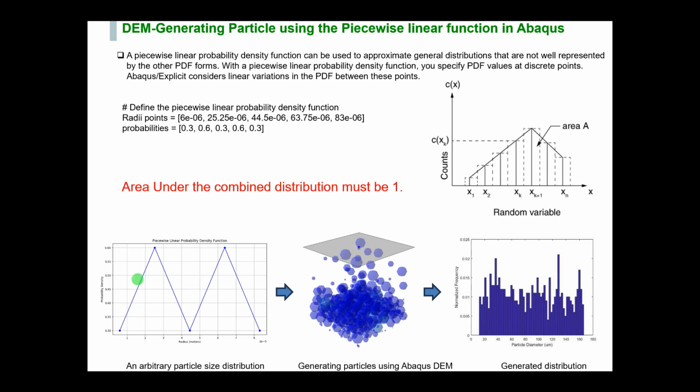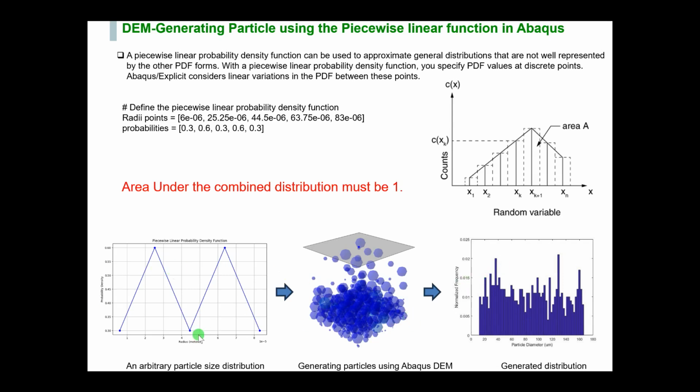For this simulation we consider 5 points, and for each point we specify a probability, and as you can see we use one inlet in our simulation. At the end the generated distribution will look like this one, as you can see in the picture.